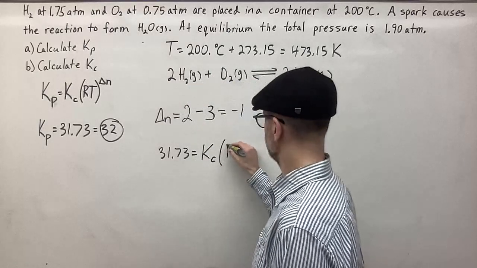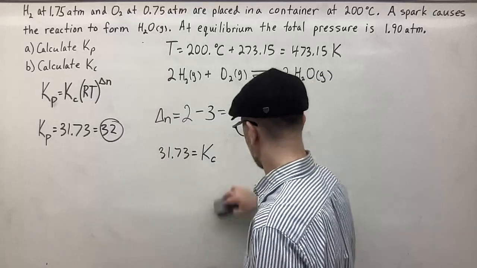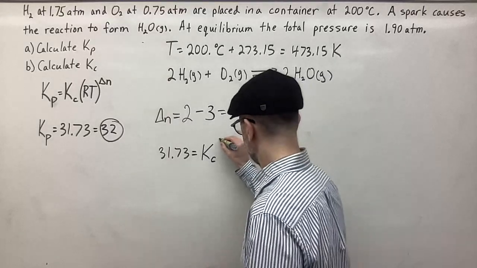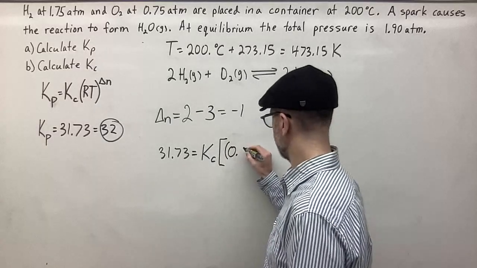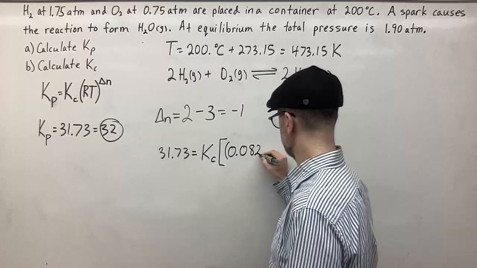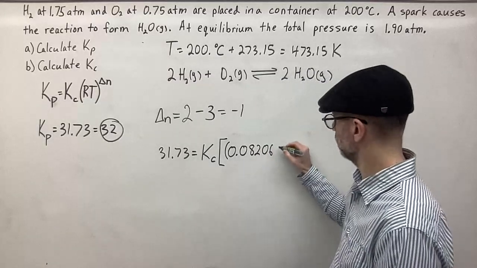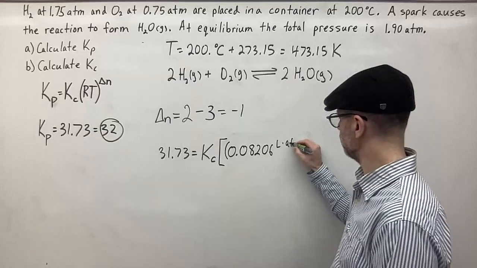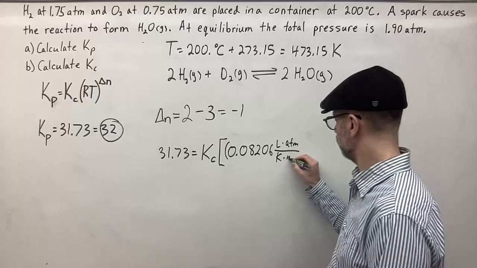times RT, right? But we know RT, so I'm going to put this in square brackets. So R is 0.08206 liter atmospheres over Kelvin mole.